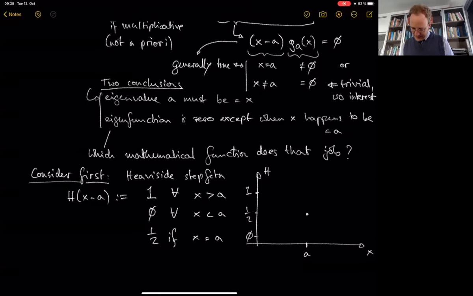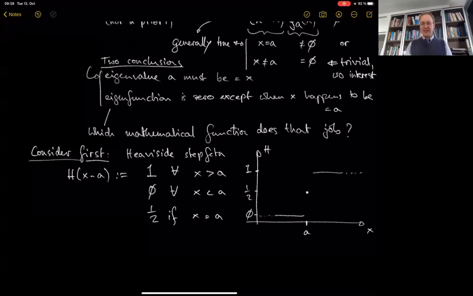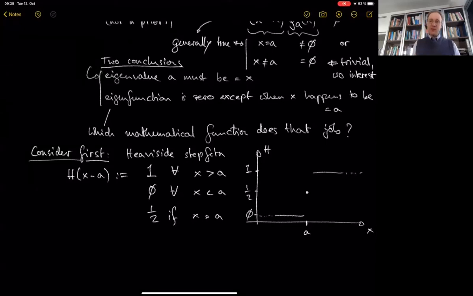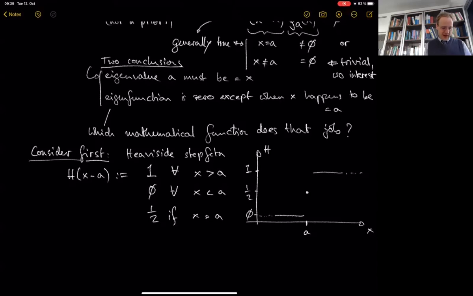At x larger than a, it equals 1, and at x smaller than a, it's 0. Right? So this is the step function, right? It gets you from 0 to 1 as soon as x passes a. There are other step functions, but this is quite a common one.